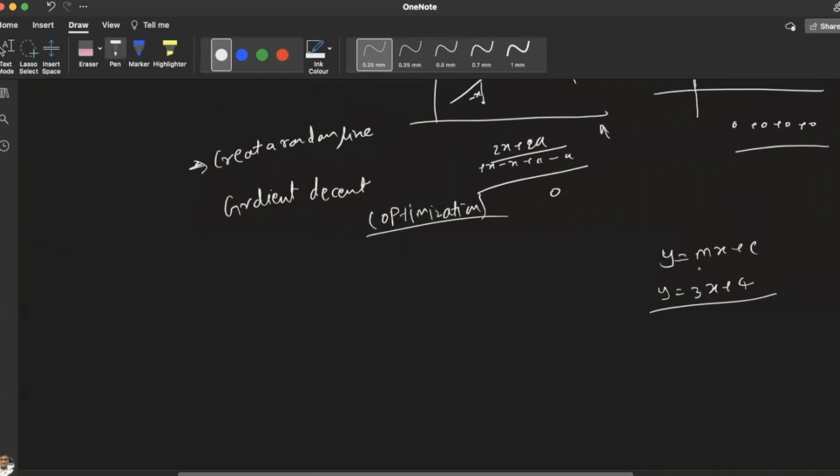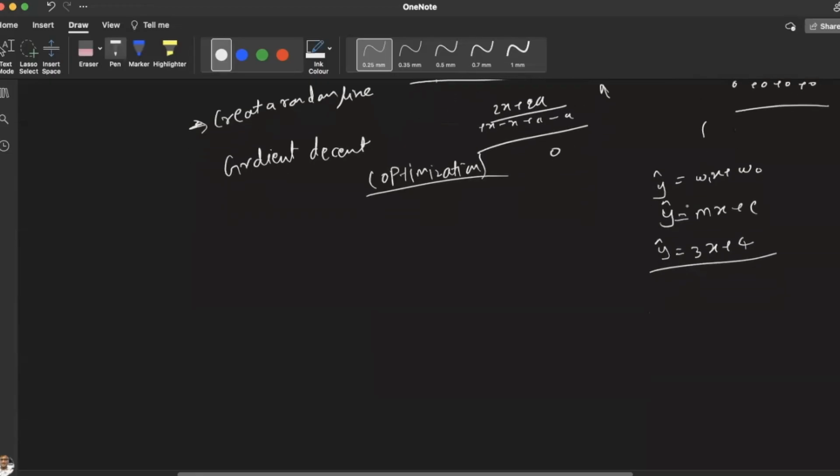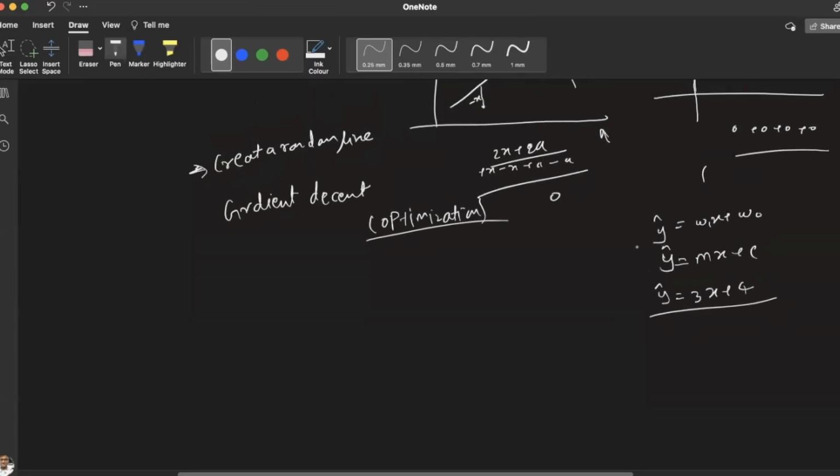In machine learning, mostly you will see the weights being used rather than m and c. This is our model, so we'll call it y hat, not y. So y hat equals w1x plus w0. This is the equation of a line.